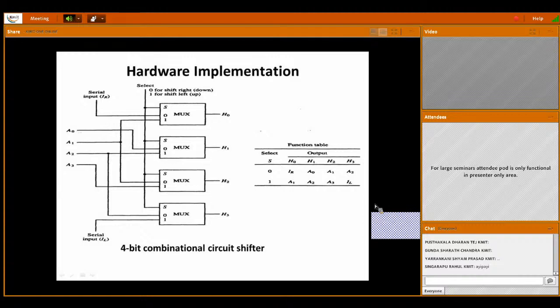In the case of arithmetic shift to the right, IR takes the MSB value. If it is arithmetic shift to the left, then IL is simply equivalent to your logical shift left operation. We'll call this circuit a 4-bit combinational circuit shifter, right? So this circuit shows you how to perform logical as well as arithmetic and circular shifts. All three can be implemented using this circuit.